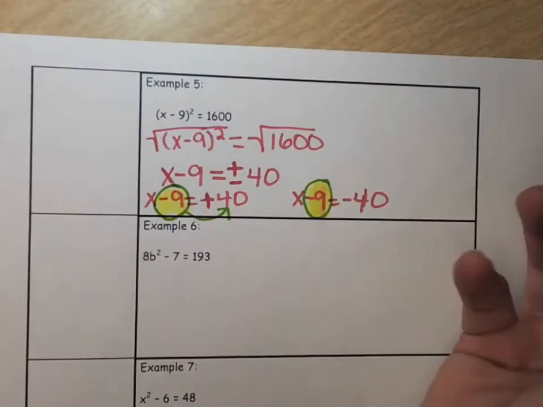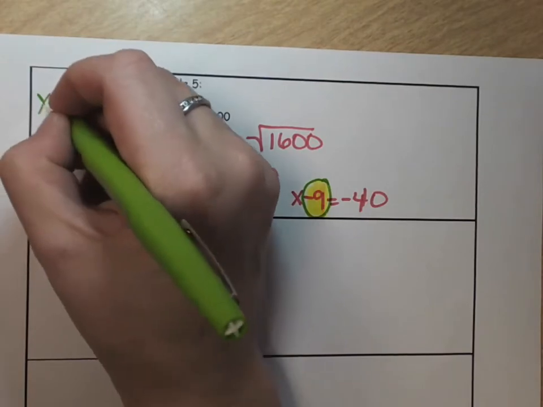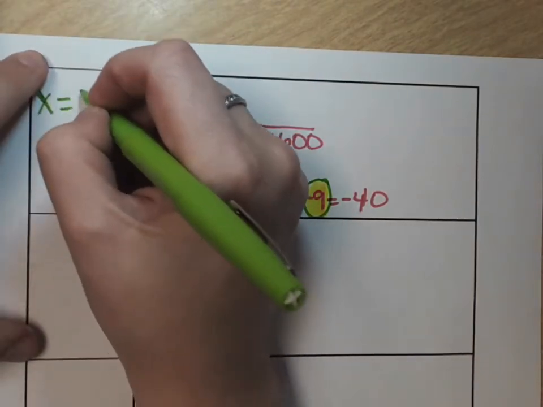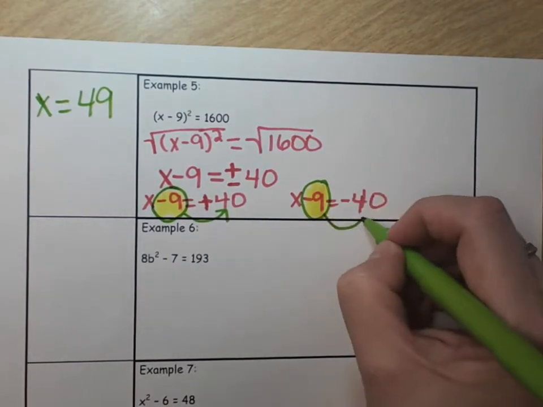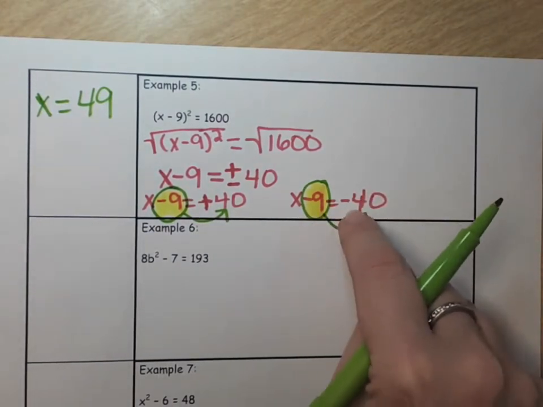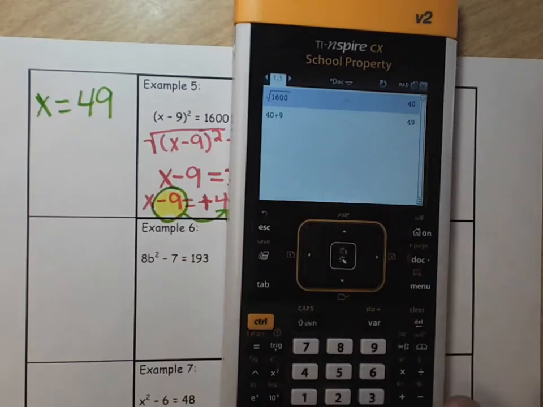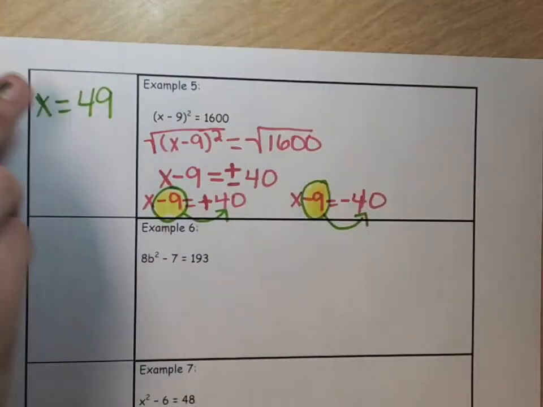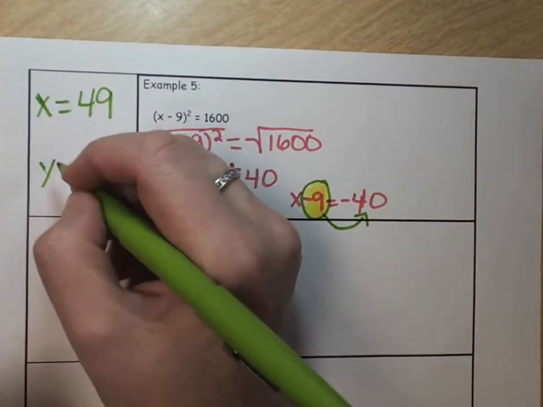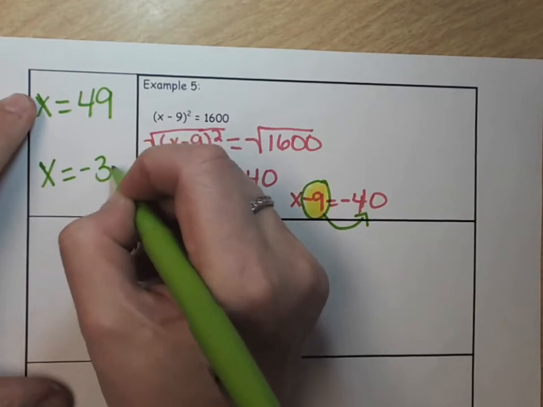So my first value of x, let's put it over here, equals 49. Now same thing, I'm going to move this over here, but this is a negative 40. This is where y'all are making mistakes. Negative 40 plus 9 is a negative 31. So my other value is going to be negative 31.